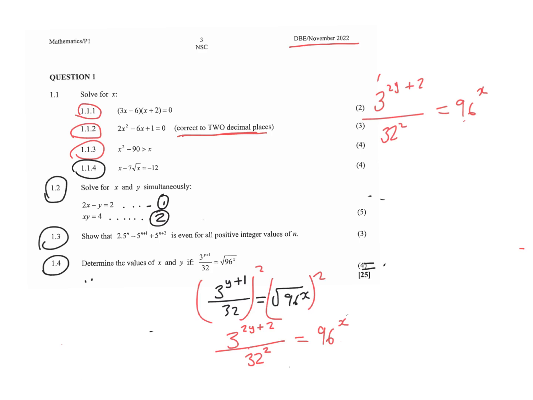So from here, when you say 32 squared, what are we getting? We are getting 1024. So we have 3 to the power of 2y plus 2 all over 1024 equals to, let's change 96 to the base.